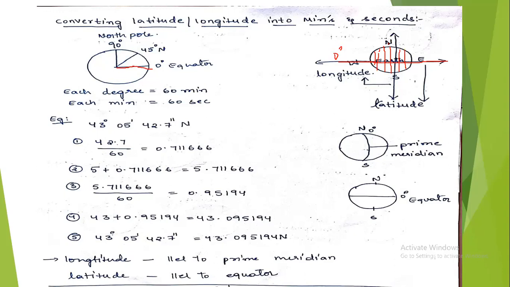The line which passes through the center of the Earth vertically is called the prime meridian. The equator passes horizontally and the prime meridian passes vertically. At 0 degrees, that is called Greenwich.